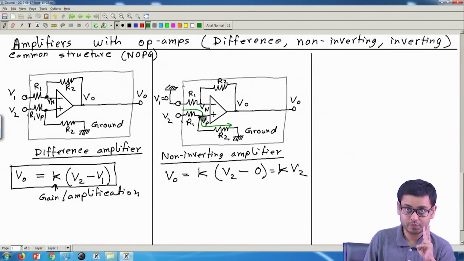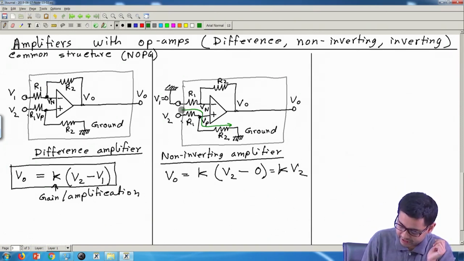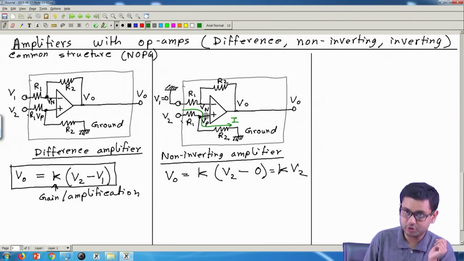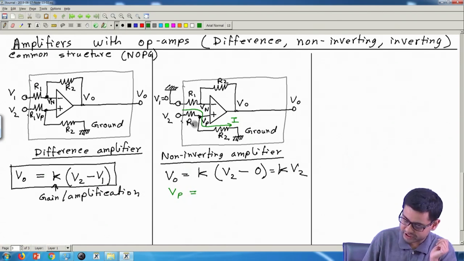That's rule number 2, right? So the current will go only like this. No current can go to or out of this input terminal. Therefore, the potential at this point, which is Vp, we can write using the potential divider rule as V2 divided by R1 plus R2.